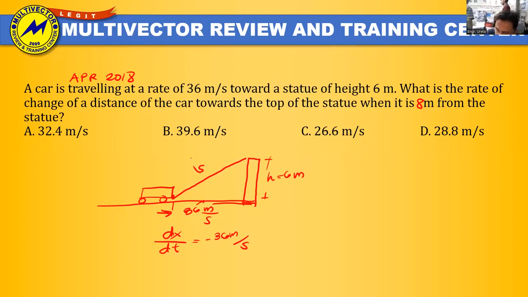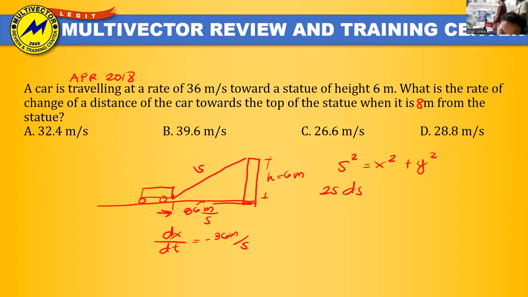Okay, so kapag kinuha natin yung Pythagorean equation niyan, S square is just equals to x square plus y square. But take note, so derivative natin sila. Okay, so the derivative of S square is 2S.